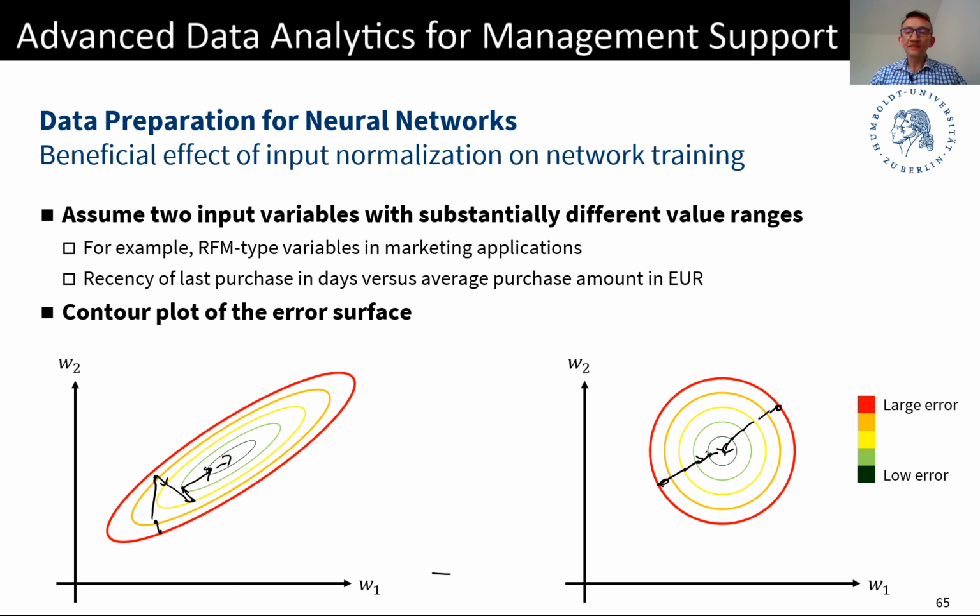And therefore, the shape of your error surface matters and makes training easier or more complicated. Input normalization helps with simplifying the task of the training algorithm to find the minimum of your loss function. So this was a visual explanation, or rather a visual intuition, why input normalization is helpful.